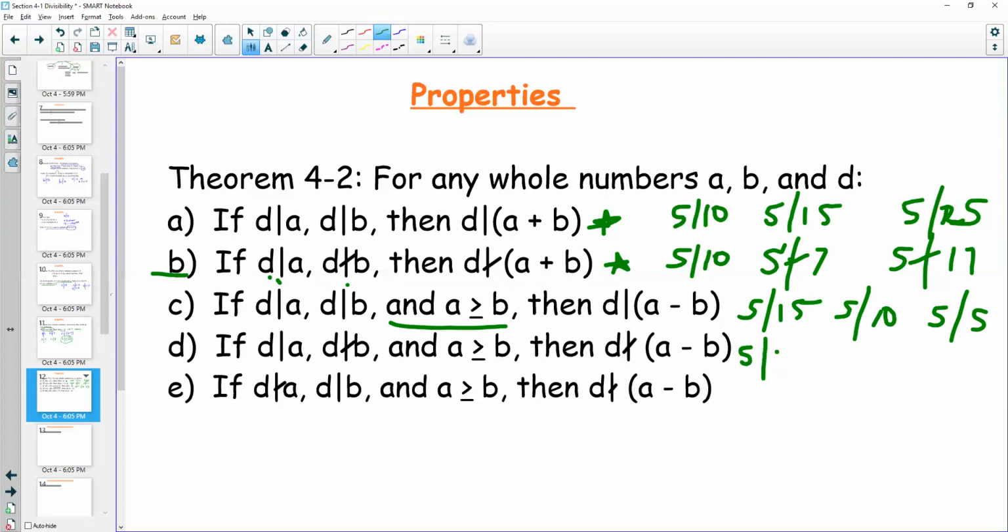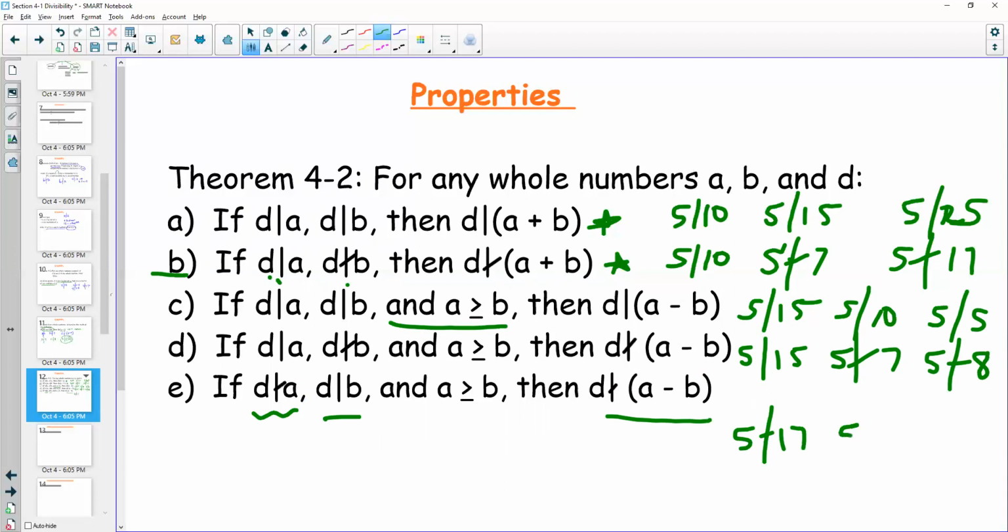So if 5 divides into 15 and 5 doesn't divide into 7, then 5 does not divide into 8. And finally, if I reverse those things around for subtraction, because subtraction order matters, if it doesn't go into the first thing and it does go into the second, it's still not going to work out because it doesn't do both. So if 5 does not divide into 17, but 5 divides into 10, 5's still not going to divide into 7.